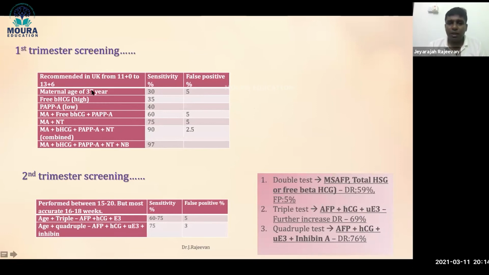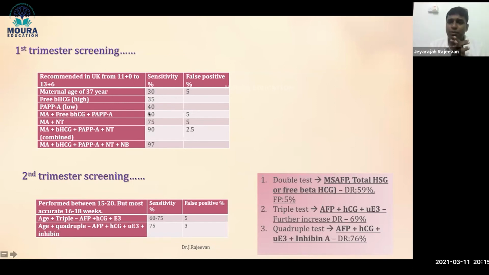Maternal age, if it is 37 years, when the age goes up, the sensitivity of the test is less. Maternal age alone will detect only 30%. Beta HCG alone will detect only 35%. Low PAPP-A will detect only 40%. But when you combine these three, maternal age, free HCG, and PAPP-A, your detection rate is 60%.